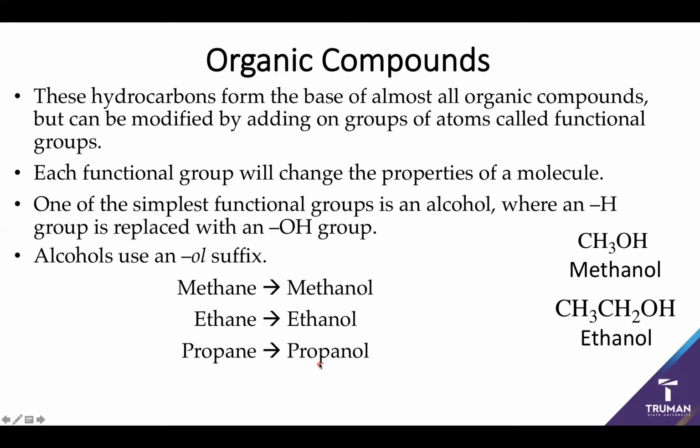You may know the form of propanol you may know the most is isopropanol, which is used to help clean wounds. And you can do this with a whole bunch of other base carbon chains, whether you're looking at butanol, pentanol, or hexanol. Again, the basic idea here is I'm just adding an OH group onto the molecule.